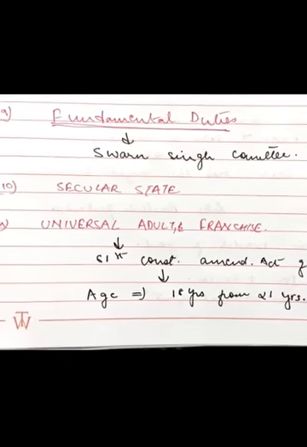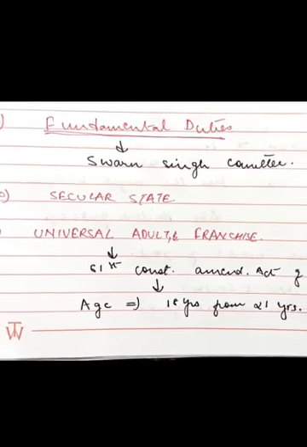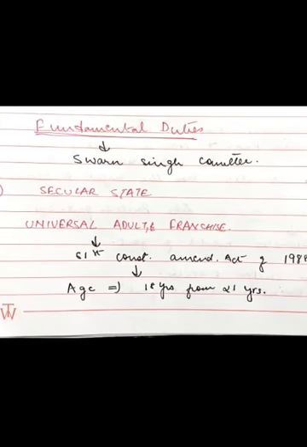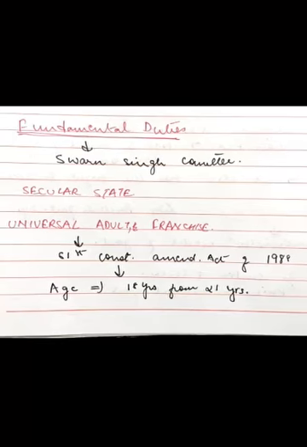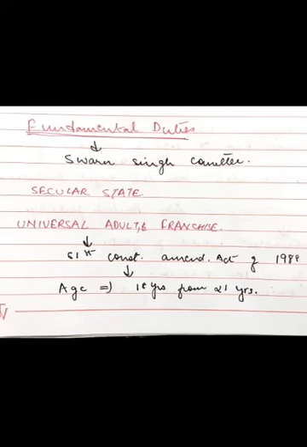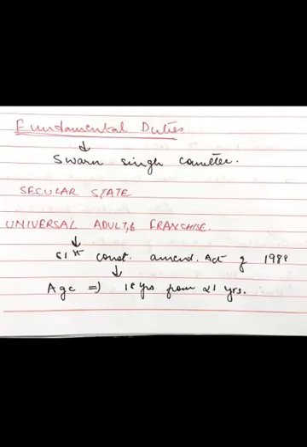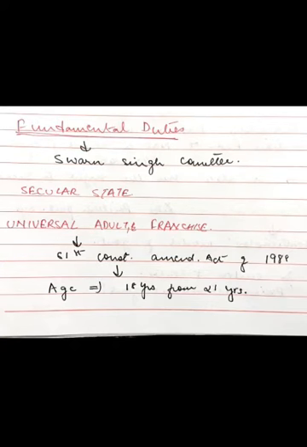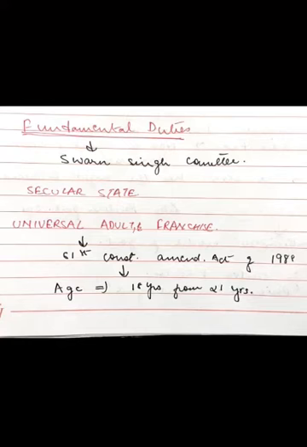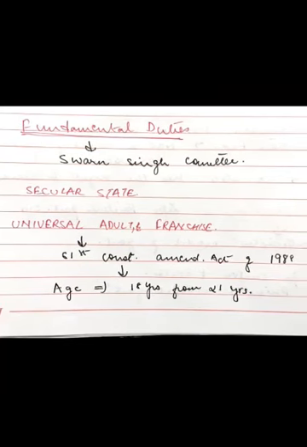And the next would be universal adult franchise. One important point to remember is that in a democratic country, the universal adult franchise adds to its very importance. The 61st Constitutional Amendment Act of 1988 is very important here, as it reduced the voting age from 21 years to 18 years in 1989.